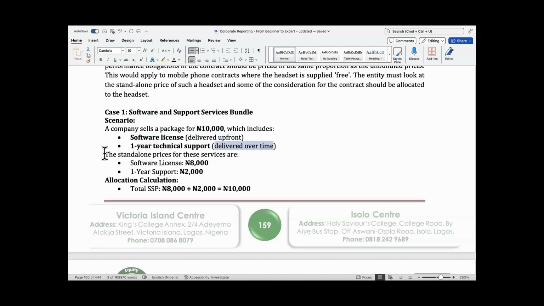Luckily, they gave us the standalone selling price of these services. Software, if you were to sell it separately, would be 8,000. 1 year support, if you were to sell it separately, would be 2,000. So here we can see that the total standalone selling price, SSP, is 10,000 naira for the bundle.